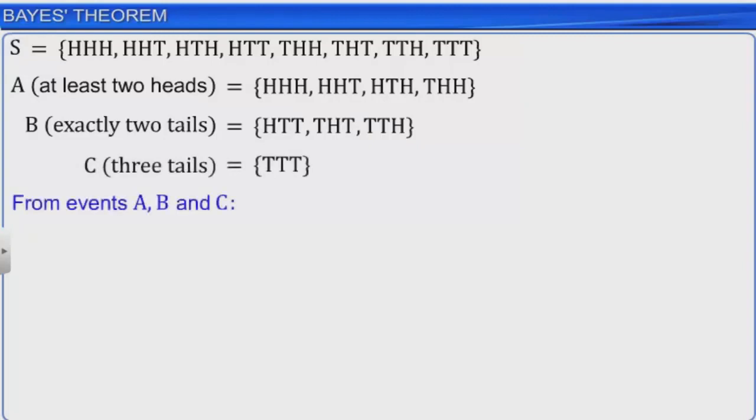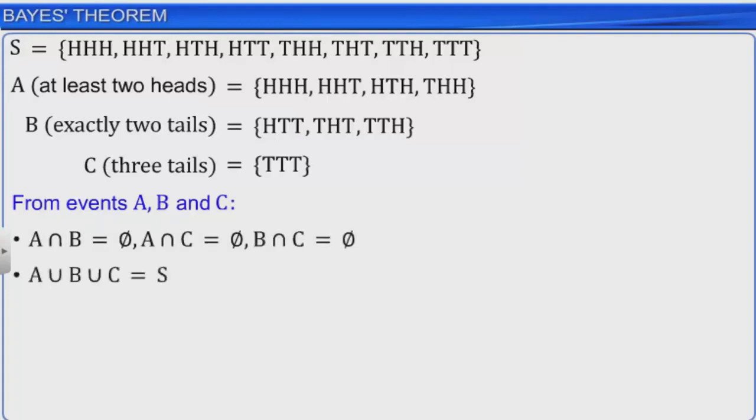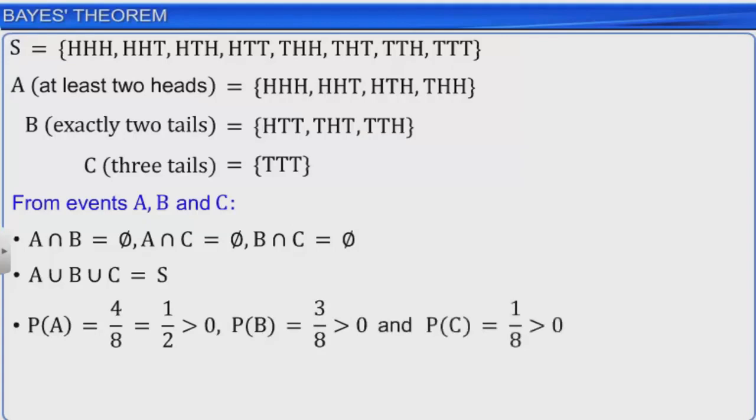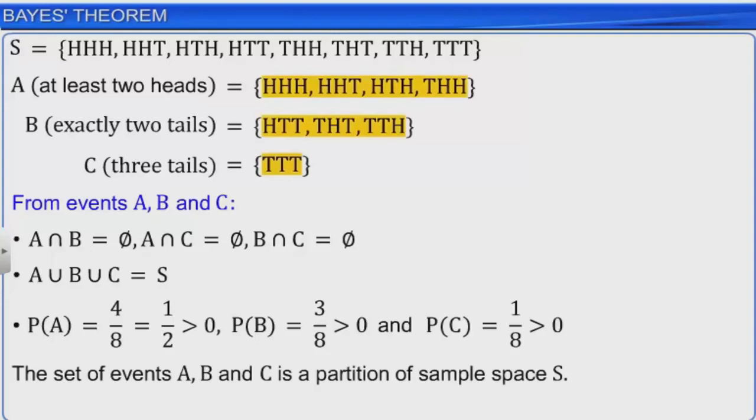From these 3 events, it is clear that events AB, events AC, and events BC are disjoint, and the union of events A, B, and C is sample space S. The probability of event A is 1/2, event B is 3/8, and event C is 1/8. The set of such events A, B, and C of a sample space is a partition of the sample space.